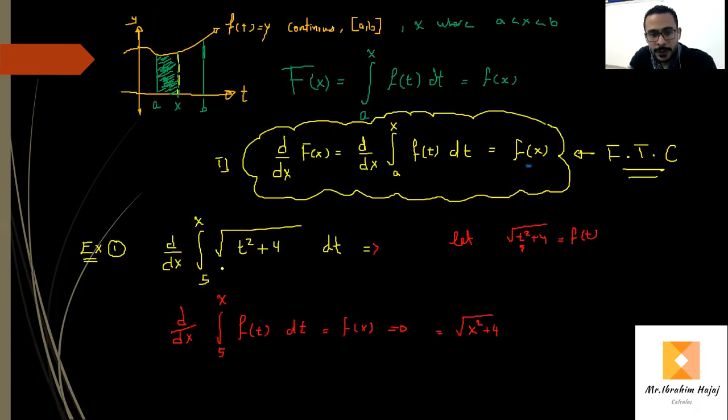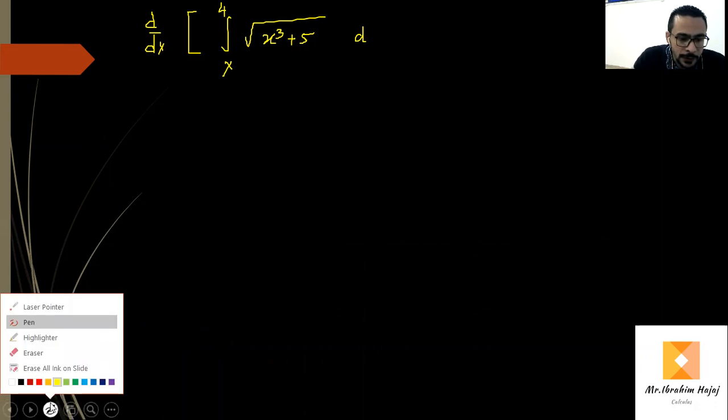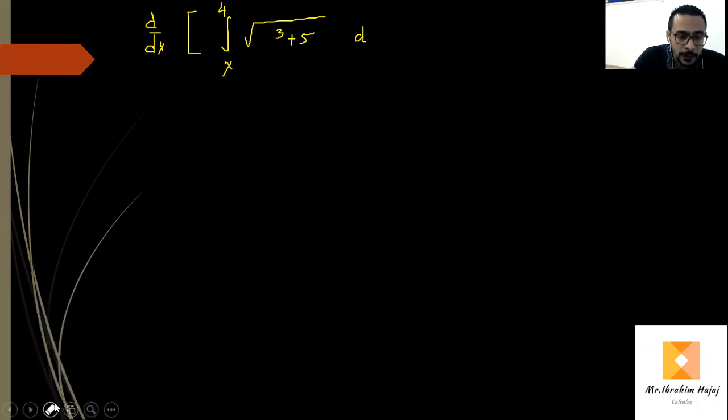In the first or the second example, if we have d over dx of the integral, it should be a constant number down here and x up here. So you know the properties of the definite integral, you can change them around. Here we have the square root of t cubed plus 5 dt.